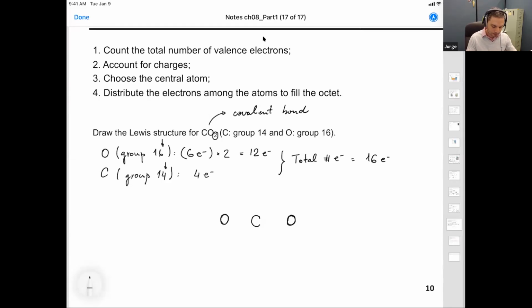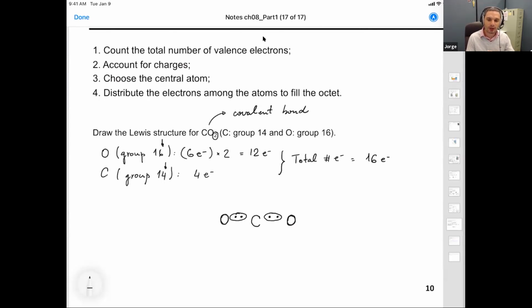Okay, so we always start with single bonds between the atoms to connect them. So that's always the starting point. So just to make a single bond, 4 electrons were spent. We still have 12 to distribute.